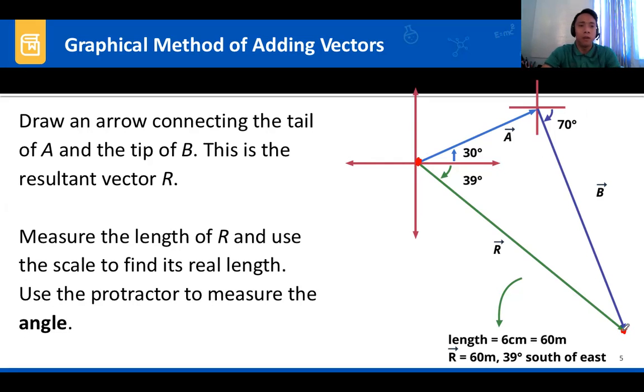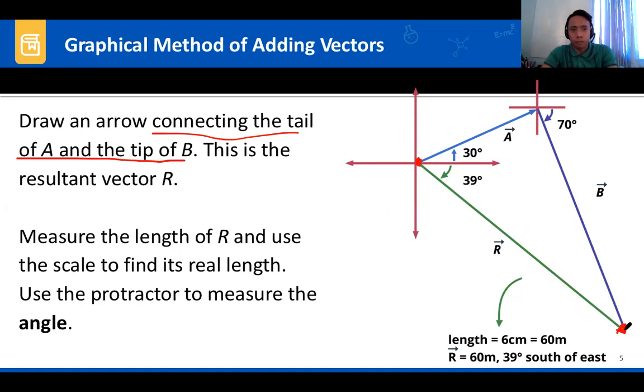So where do we start? It says here connecting the tail of A and the tip of B. So we start here, and our arrow ends here. So we have two arrows from A and B, and our resultant.